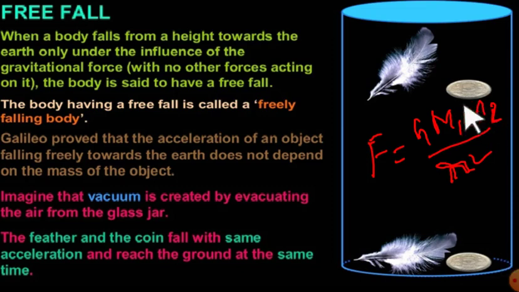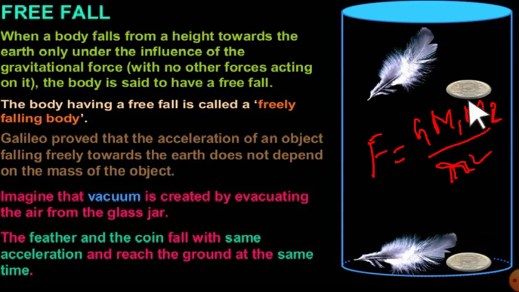So as distance decreases, what happens? The denominator decreases, that means force will be increasing. So as this falling object comes nearer and nearer to the surface of the earth, the gravitational force experienced by this mass will keep on increasing. And so the pulling force will be more and more as it comes closer and closer toward the surface of the earth, right?